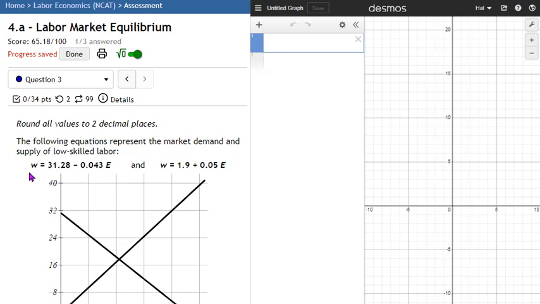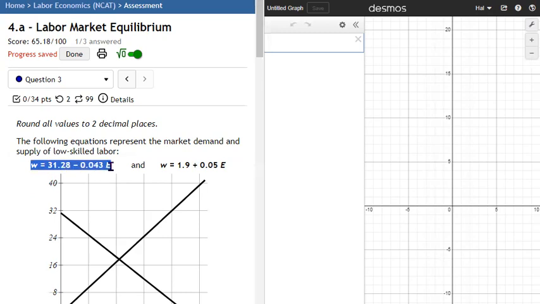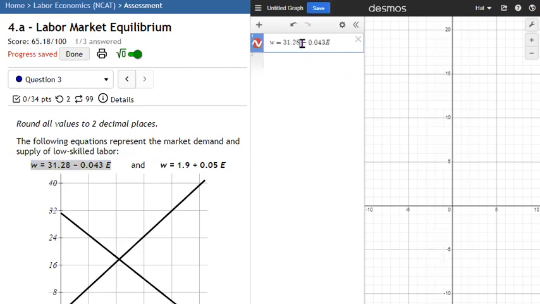And the way you use Desmos is I'm going to copy the labor demand equation. It's labor demand because it has a negative relationship, right? It shows a negative relationship between wages paid and employment demanded, so as the wage rises, employment falls.